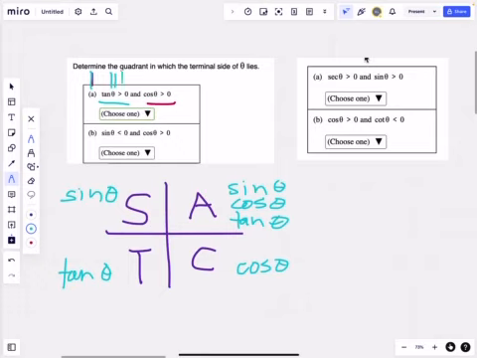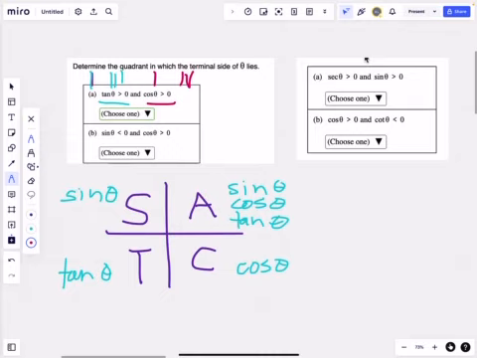And then we think about cosine. Where is cosine positive? Cosine is positive in the fourth quadrant and above it in the first quadrant. So quadrant 1 and quadrant 4.